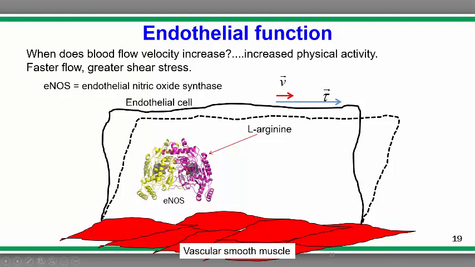And when eNOS is activated, it will bind an amino acid inside the cell called L-arginine. And when L-arginine binds to this enzyme, it will initiate a chemical reaction and convert L-arginine into what's called an amino acid derivative, L-citrulline. Now, citrulline is not considered an amino acid, but it's considered an amino acid derivative.